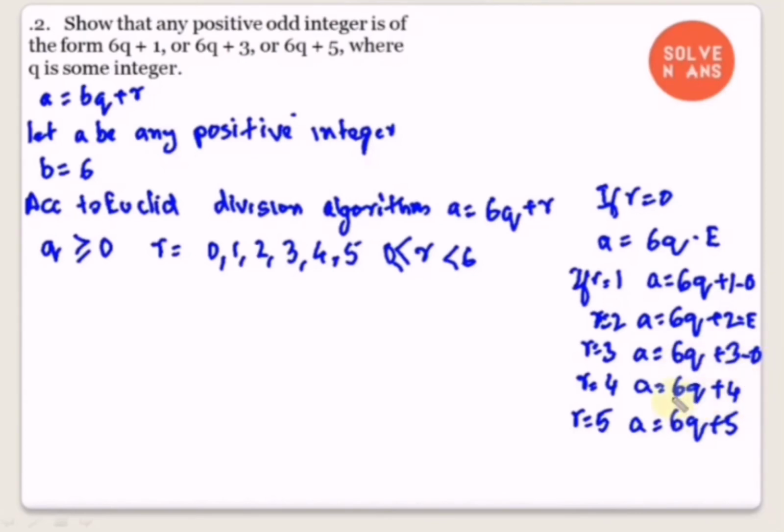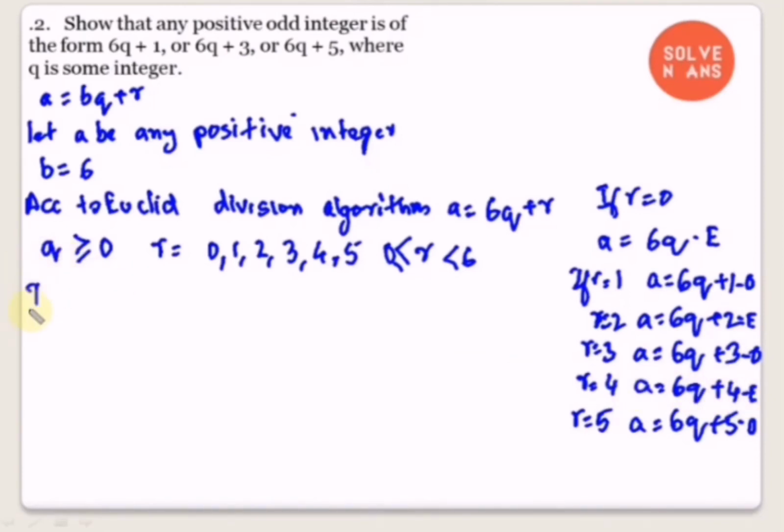Again 6q plus 4, even plus even, gives even only, and 6q plus 5, even added to an odd integer, gives odd. So here you see 6q, 6q plus 2 and 6q plus 4 are even integers.